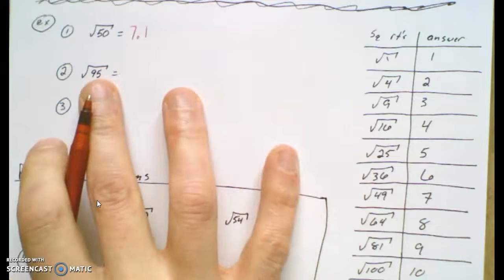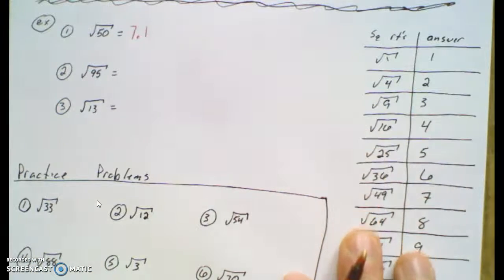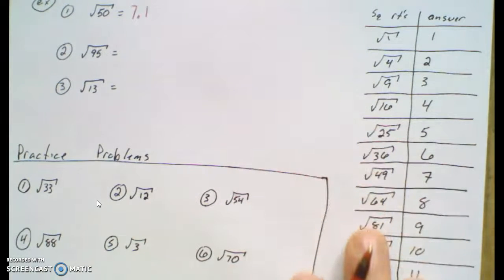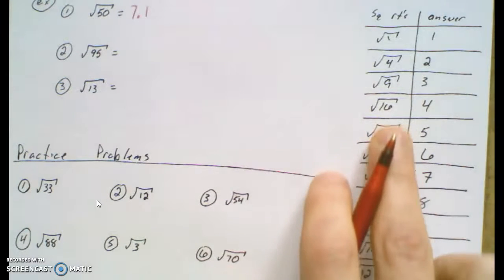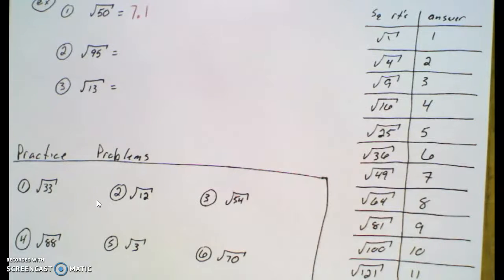Okay, coming down to number 2, the square root of 95. Again, I have this chart here, so I'm just going to look in my chart for 95, and I see it's not here, right? You can see these get bigger and bigger as we go along. So 64, keep going, 81, keep going, 100, too big. So it's somewhere in between here. It's somewhere between 9 and 10, okay?